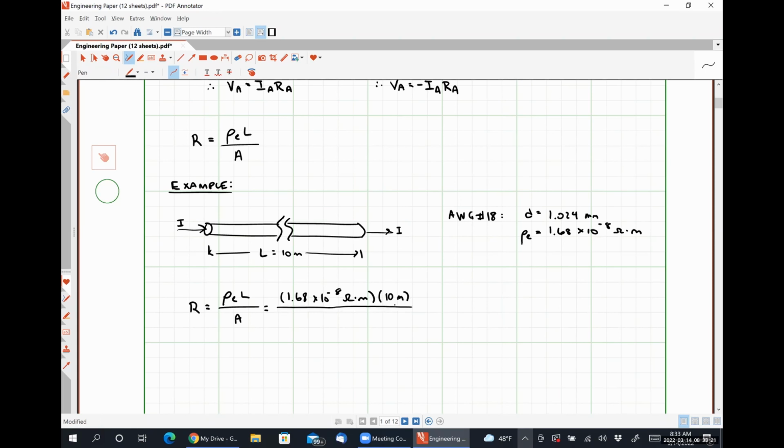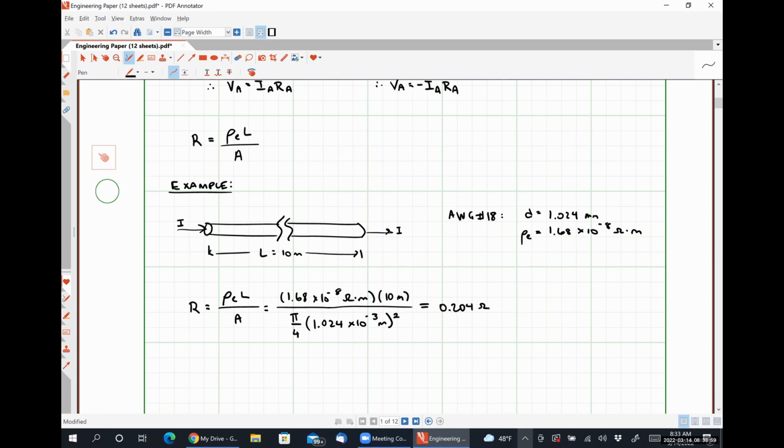My cross-sectional area is the area of a circle that has a diameter of 1.024 millimeters. So that's going to look like pi over 4 times the quantity 1.024 times 10 to the minus 3 meters, squared. And if I plug this into my calculator, I get 0.204.